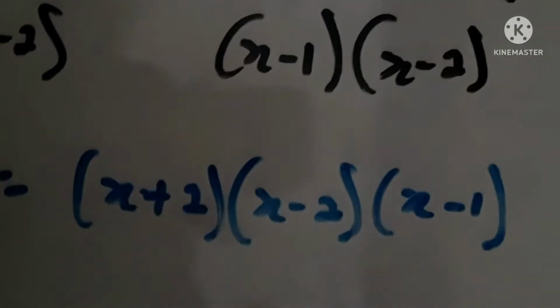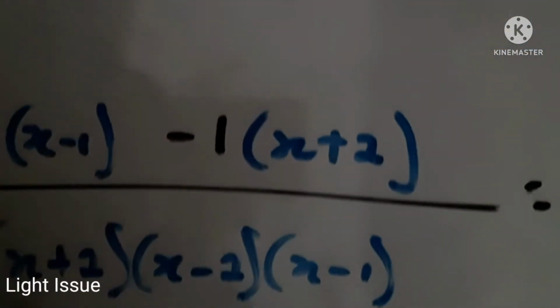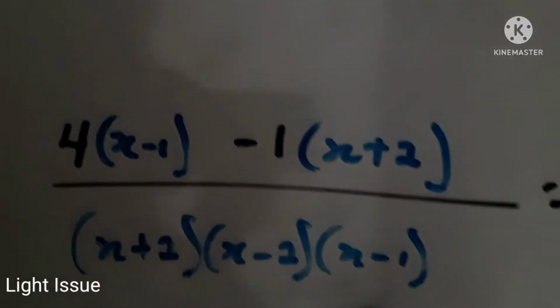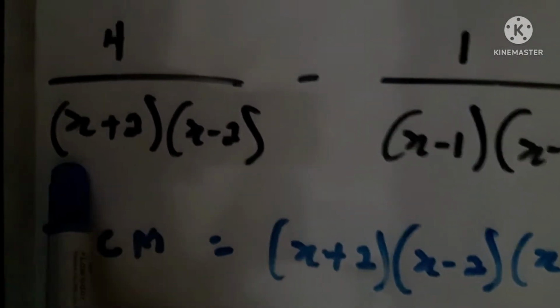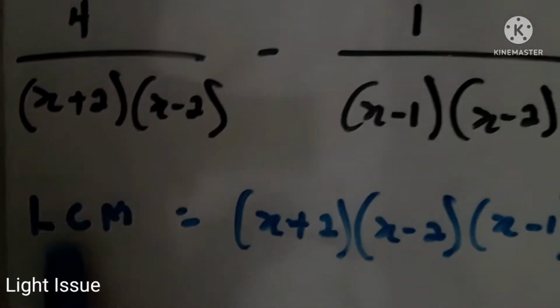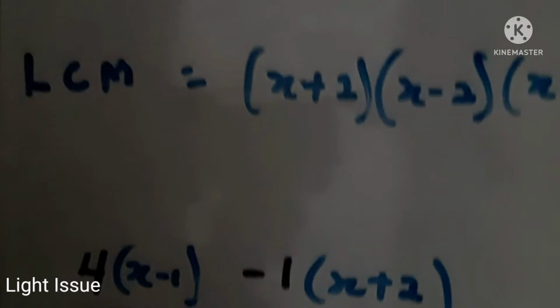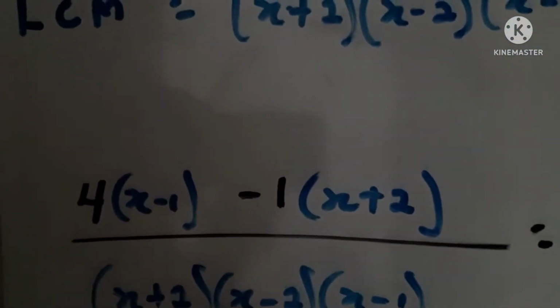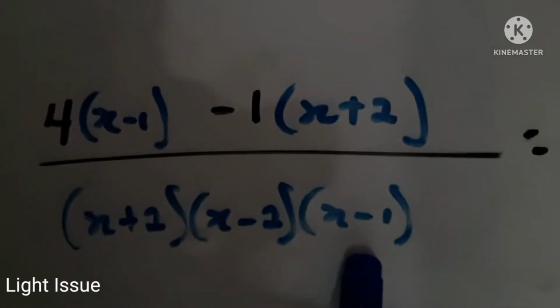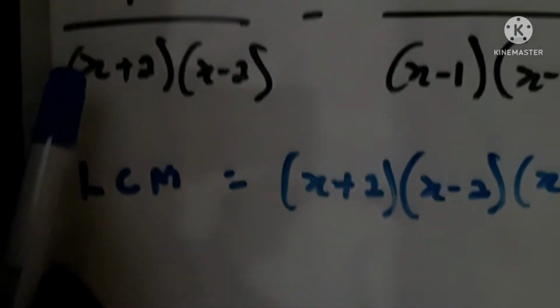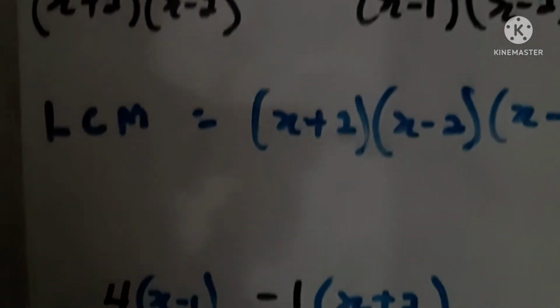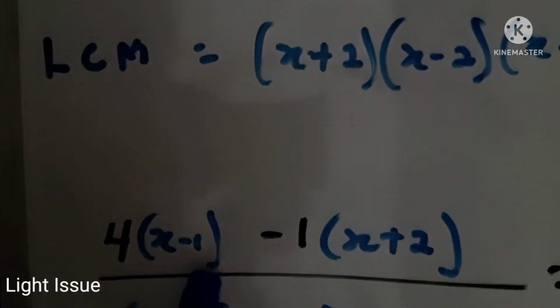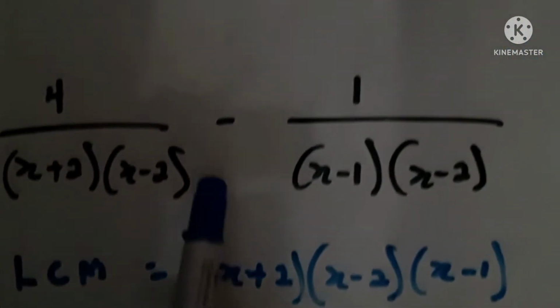So once we get an LCM here, let's have our LCM down here. So this is the LCM. So this guy here will go into the LCM. So this guy and this guy will cancel this guy and that. Is that okay? And then the answer will be what? We are left with what? x - 1 here. And then 4 at the top here multiplied by what? x - 1. Can you see that? So there's a minus in between here.